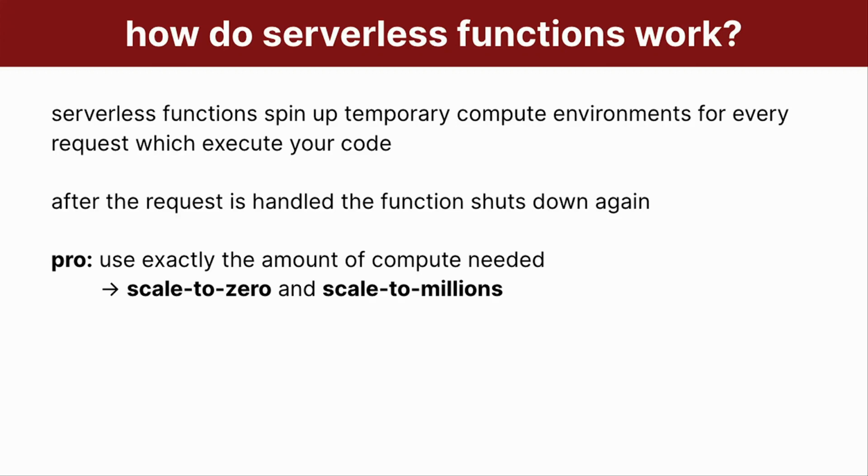Just to add on to this, would caching then still be possible at these servers? That's actually a good question, because you're right. Caching normally in the old paradigm happens on the server. So you have some sort of caching mechanism, maybe the file system, maybe a Redis database which will store the data. With serverless functions, that's not possible because they die again, of course. And here caching is done by different servers.